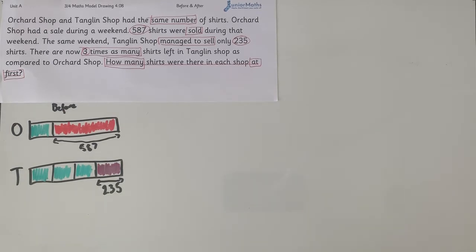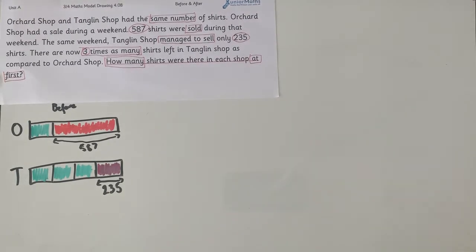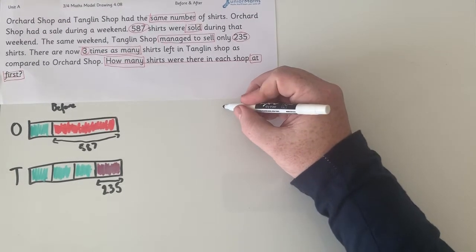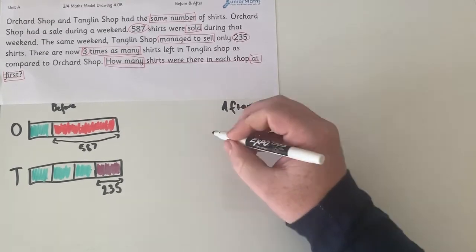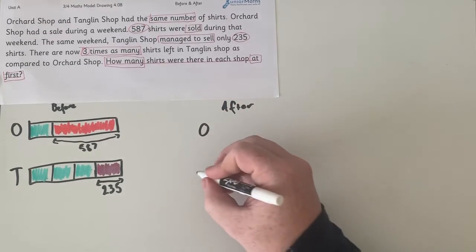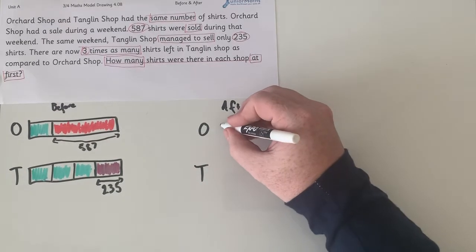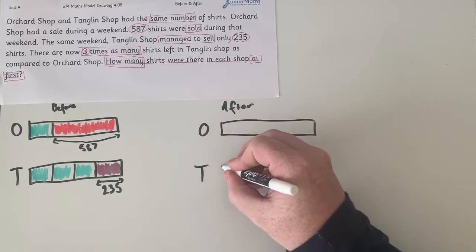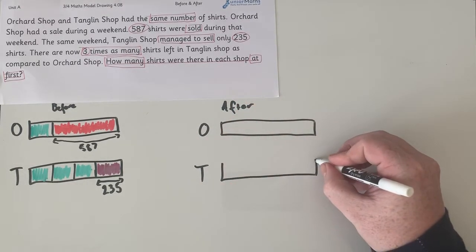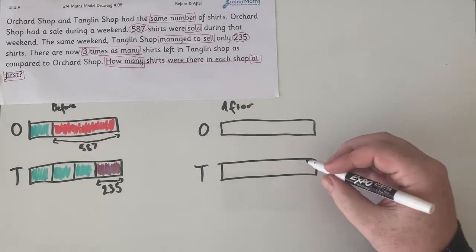So if we draw out after, I'm going to set this out slightly different. I'll show you what I'm going to do as I do it, probably best. So I've got the orchid again. I've got Tanglin. Now, if I draw this again, I don't want to just draw the same picture. I want to use it so it's going to help me problem solve.